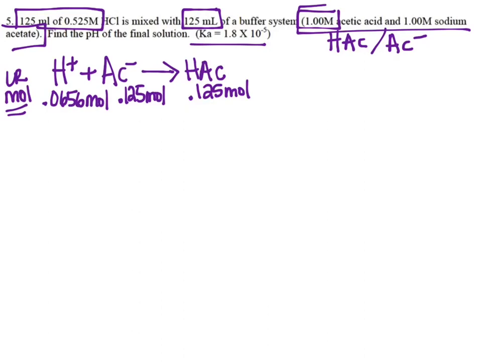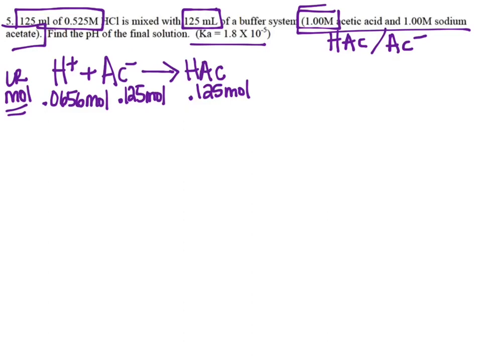We're not in a Rice table, right? Right now we're doing a limiting reactant. Who's going to run out first? What did we start out with? Molarity, and we need to get those into moles, how much is in the system originally. Remember, we're kind of doing a Rice table, but it's a mole table.